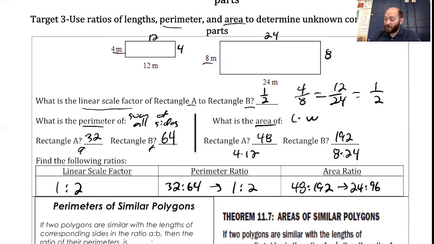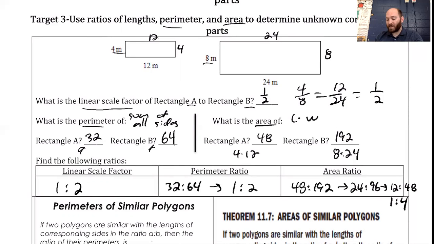I'm not 100% sure yet, so I'll divide both of those by 2 as well. That gives me 12 and 48. That's more familiar. Now I'll divide by 12. 1 to 4.